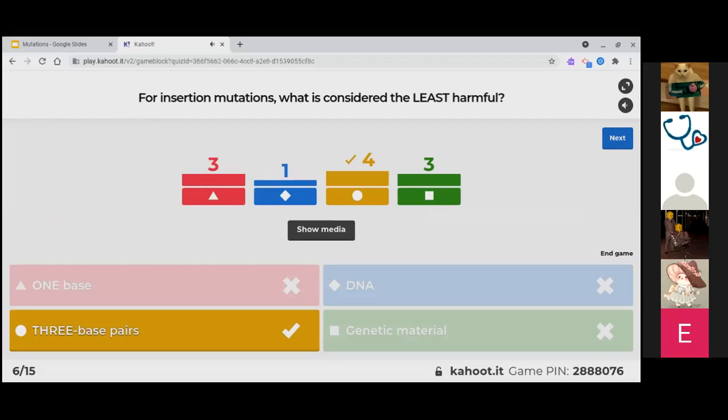Okay, yeah, so the correct answer was an insertion of 3 base pairs, just because we mentioned the codons and how they're read in groups of 3. And if you insert one base pair, that shifts the whole sequence. And then DNA and genetic material are too broad a term to describe this.